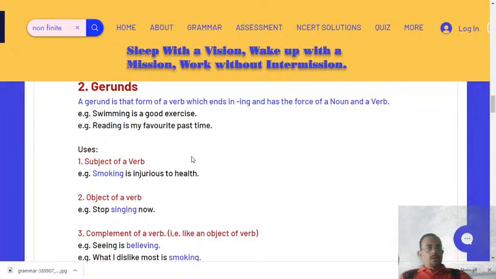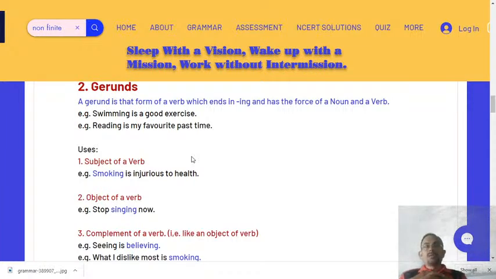I have explained some uses of present participle. If you remember these uses, then you shall easily identify by seeing the sentence which one is gerund and which one is participle.